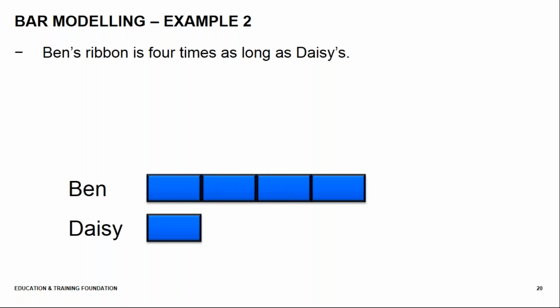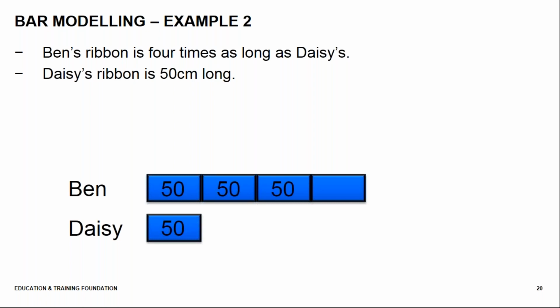The key thing to remember when setting up a model like this is to make sure that Ben and Daisy's blocks or bars are left aligned underneath each other. So Daisy's ribbon is 50 centimetres long and therefore Daisy's block represents 50 centimetres. So each of the 4 blocks that make up Ben's ribbon must also be 50.